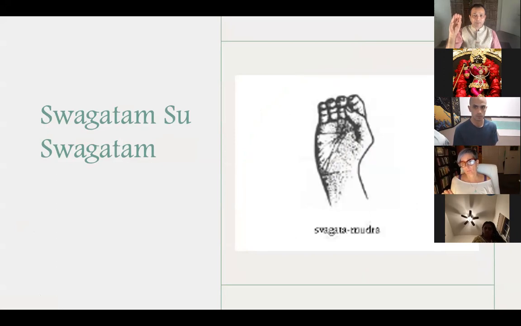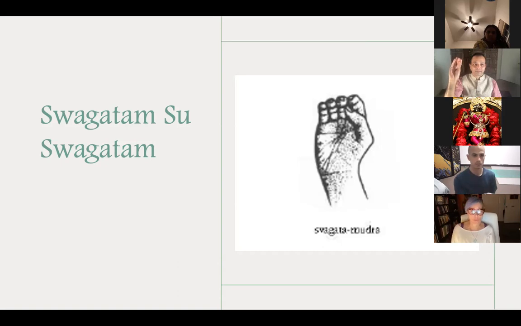You can see swagatam like this, right, at the middle finger like this. So this is also used for mantra chanting, swagata. So like this, like you are throwing flowers to the Lord, right? Or when we invite somebody, we kind of bless them, right?